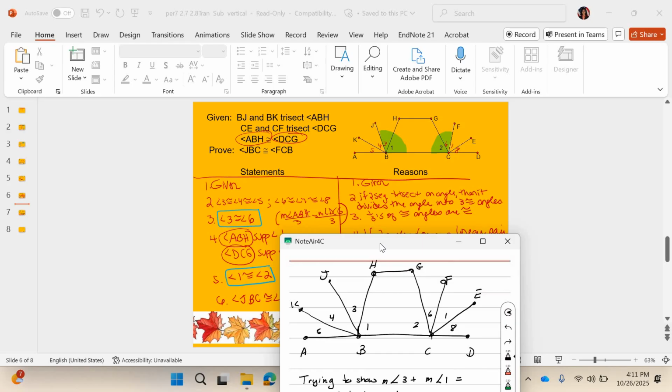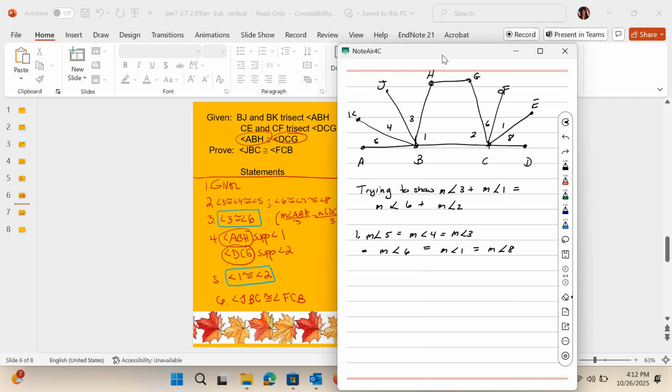Left column, I don't want to split my reasonings out. So right column, statement. Let me do it this way. I can't see what I have here. So I'm going to go statement. I need space to write.